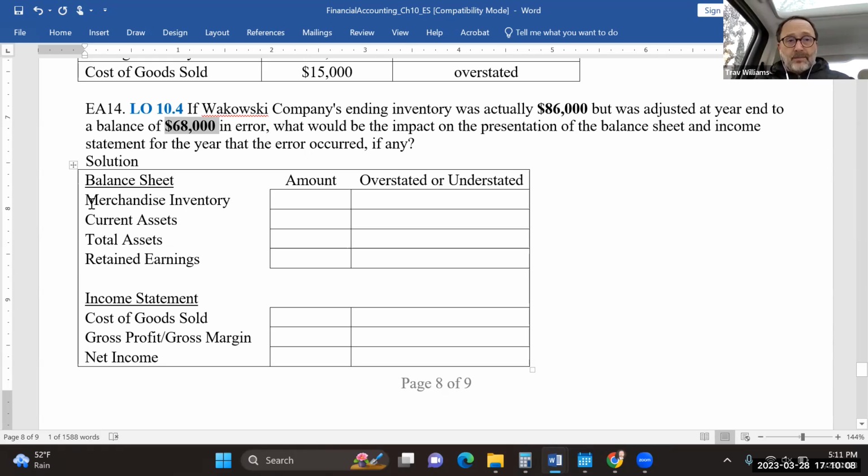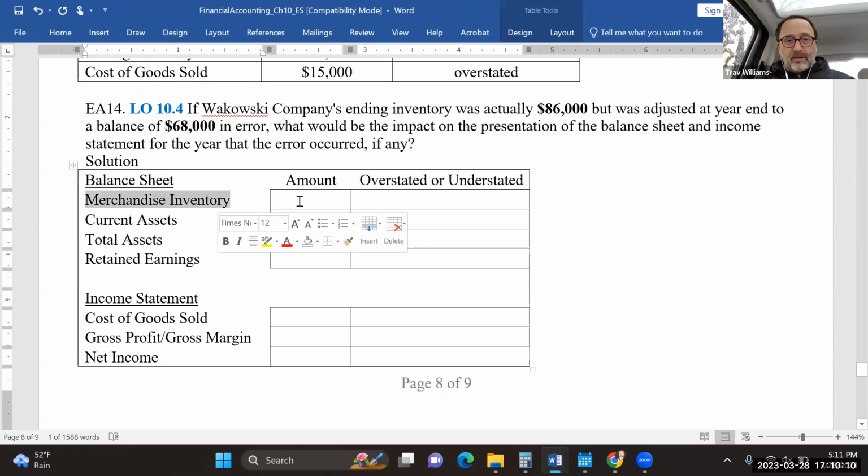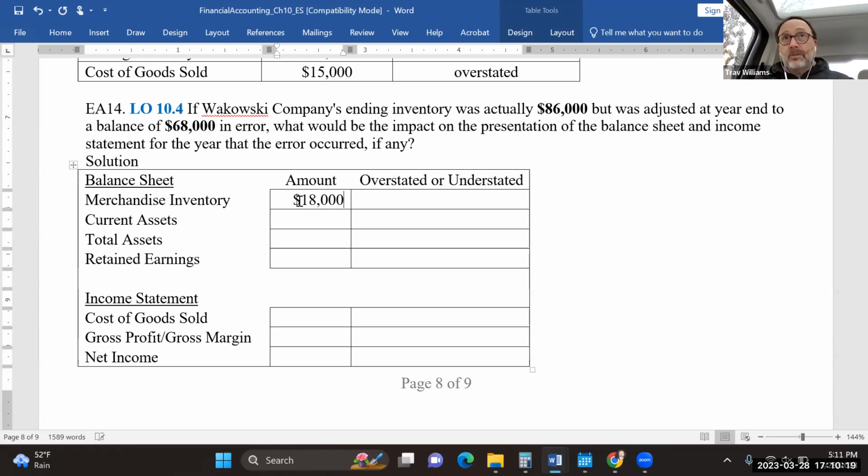Inventory, obviously, is inventory, right? So if you're off on your inventory count, then when you record your balance of inventory at the end of the year on the balance sheet, it's going to be off. Actually, in this case, it wasn't that they counted wrong, they recorded it wrong, right?